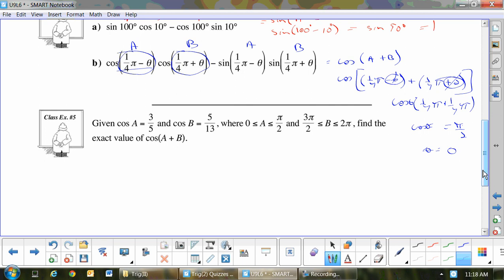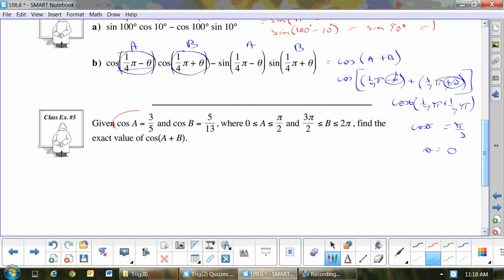Okay, example 5. I'll bet you will be on the diploma. I bet you will be on your unit exam. I bet you will be on your quiz. This is the question that you need to know your all last unit to do.